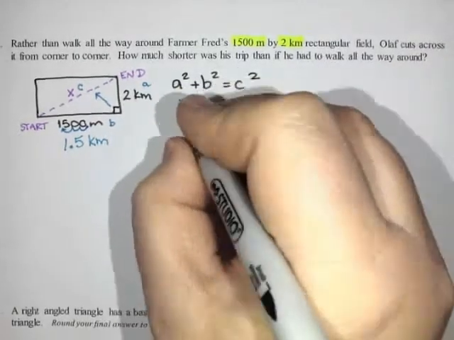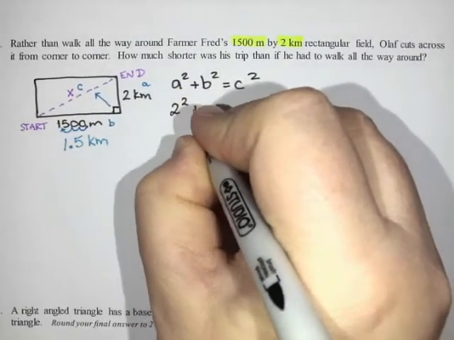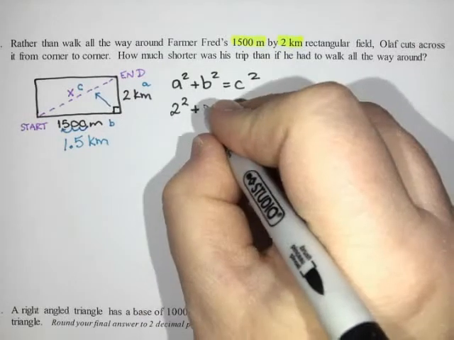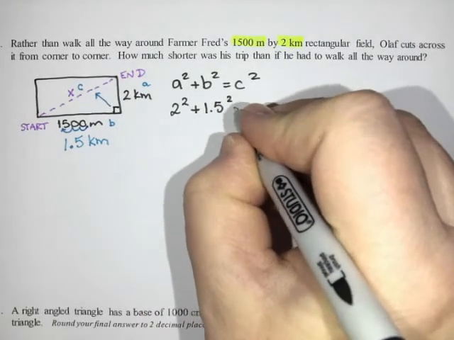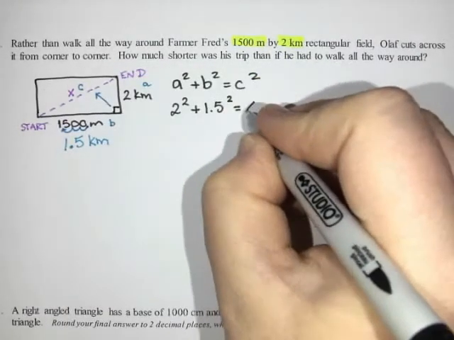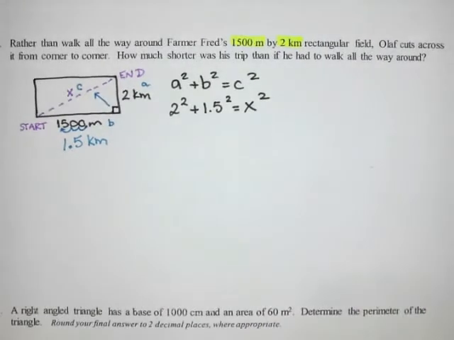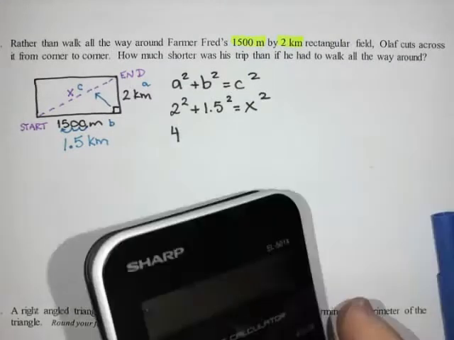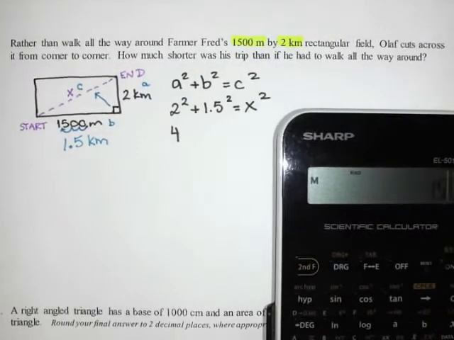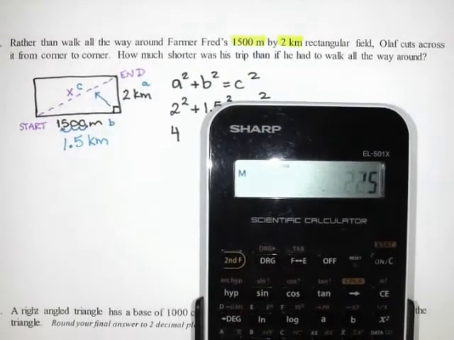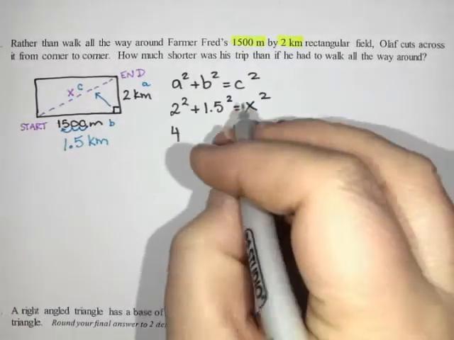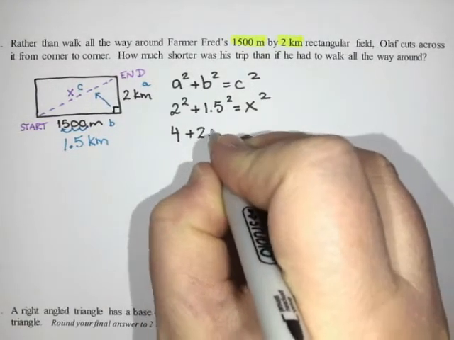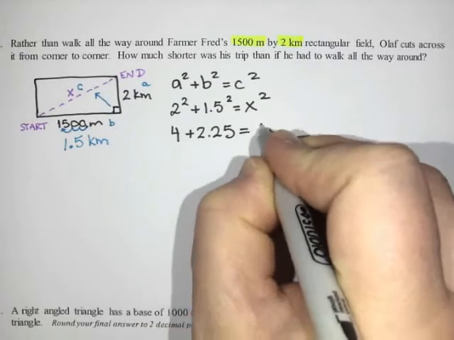So my A, that's 2, so 2 squared, plus B, I'm going to do 1.5 squared equals C, or X squared. 2 squared, 2 times 2 is 4. 1.5 squared, or 1.5 times 1.5, is 2.25 equals X squared.